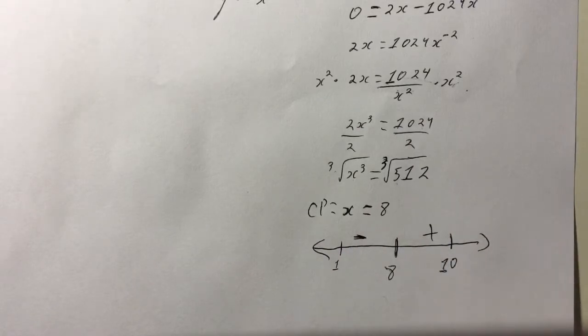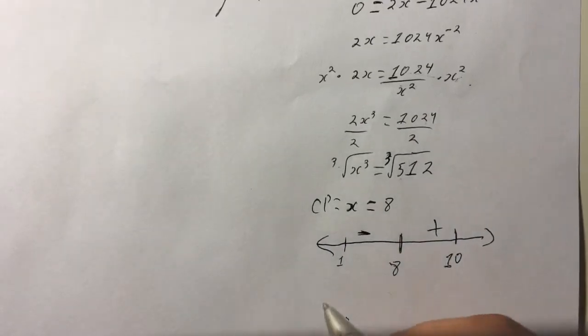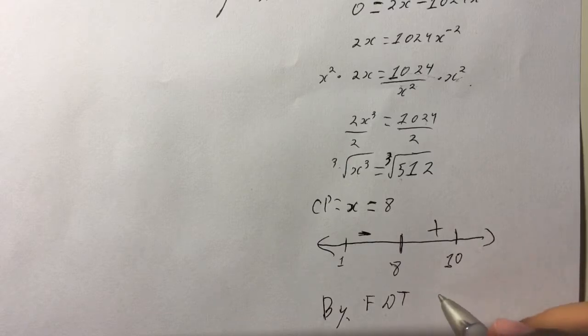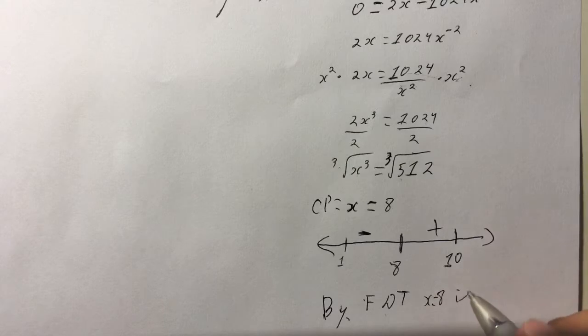This critical point is a min. So by first derivative test, x equals 8 is a min. Done. You proved that it's a min.